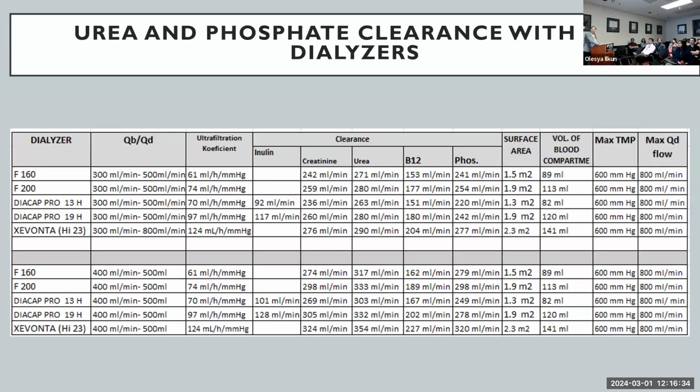This is a very busy slide, but these are our dialysis filters that we use here at UF Shands. F160 is the most commonly used one on the inpatient service. This is the phosphate clearance, and again, it's mostly for the fellows here in the room. If we increase the filter size at the same blood flow rate of 300, it's very clear we don't increase phosphate clearance that much.